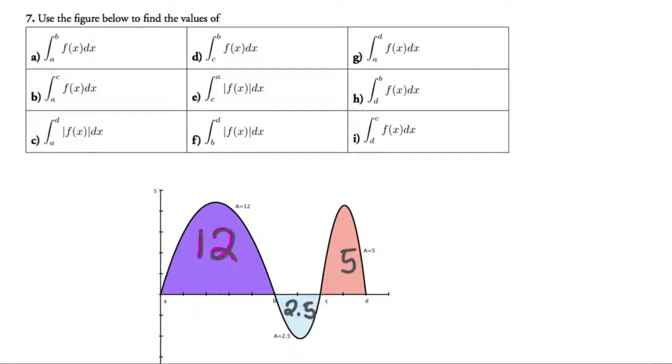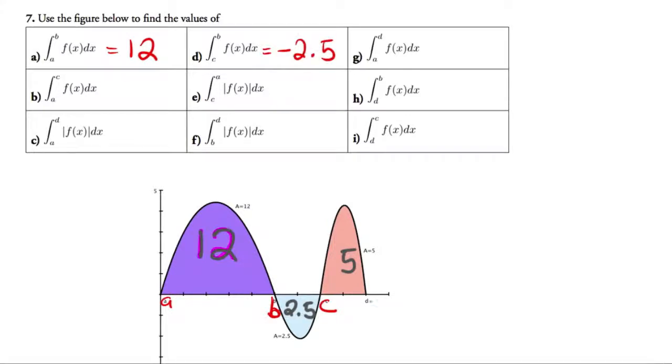Now the first one says, what's the integral from a to b of f of x dx? Well, that integral is simply 12. That's easy. And then the one that I just said, from b to c, that is negative 2.5.